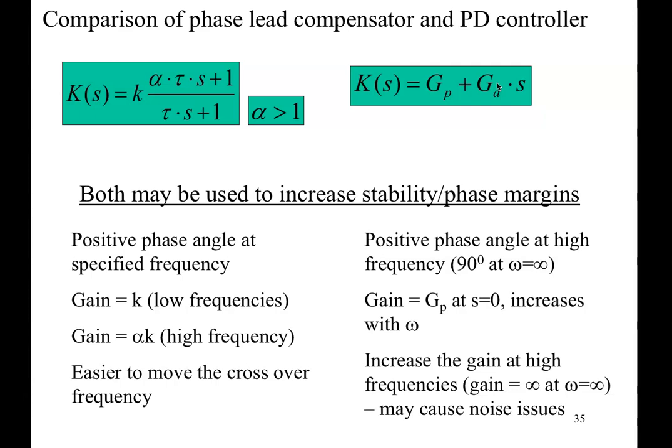Of course, phase lead has its own limitations because it doesn't give you as much positive phase angle as you might get from PD control, and the design process is probably a little bit more complex. But in essence, their aim is the same, which is to increase the stability and phase margins.